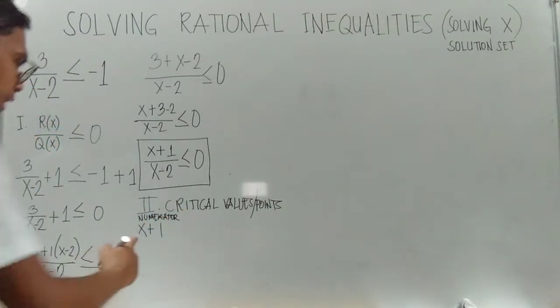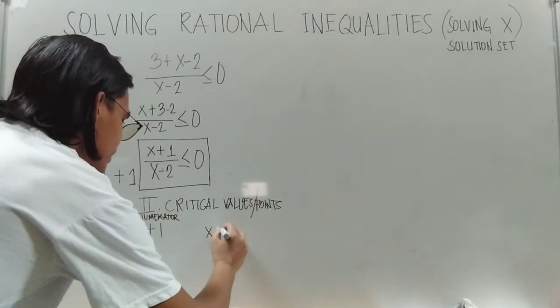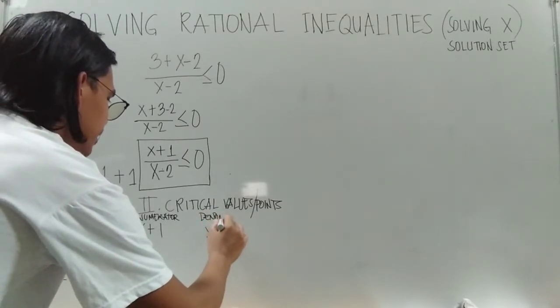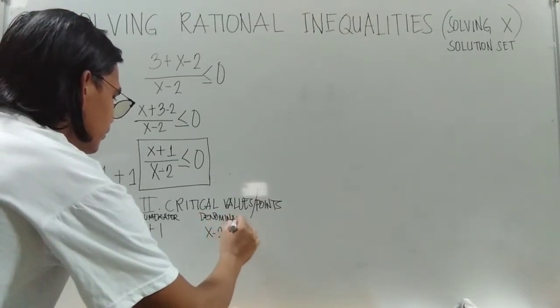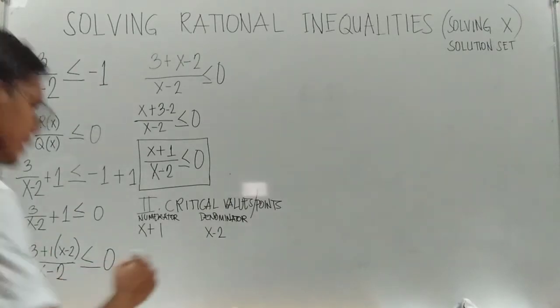Okay? And your denominator is x minus 2. Then equate your numerator as well as your denominator to 0.